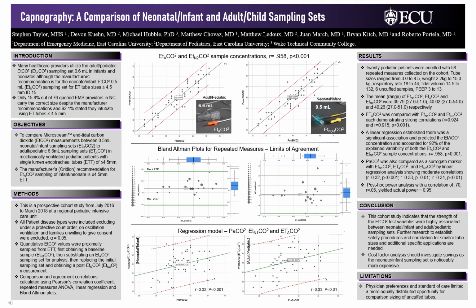Last, we performed a post hoc power analysis with a correlation of 0.70, an alpha value of 0.05, which yielded our study a power of 0.95.